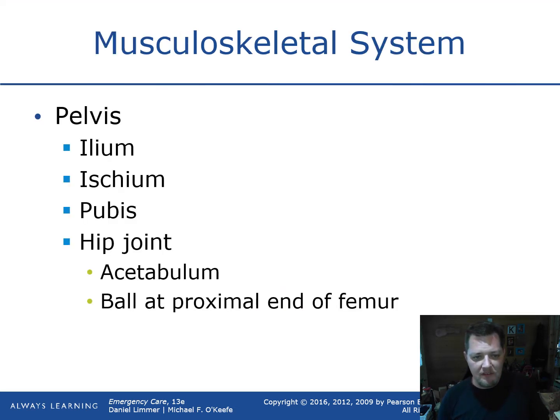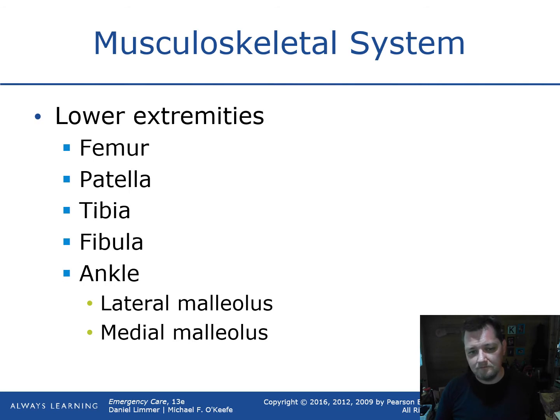Okay, in your pelvis, you've got your ilium, your ischium, your pubis, your hip joint, which includes your acetabulum, which is the socket for the head of the femur, and then the ball at the proximal end of the femur. In your lower extremities, you have your femur, which is the big, huge, long bone in your thigh.